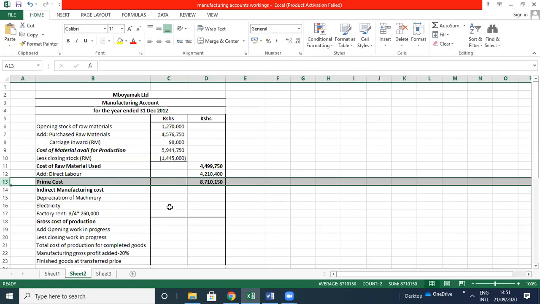And the indirect manufacturing cost, one, we have depreciation of machinery. If you look at the additional information there, what have we been told about depreciation? Is there anything affecting depreciation in the additional information?